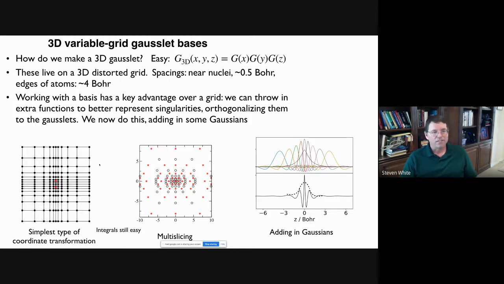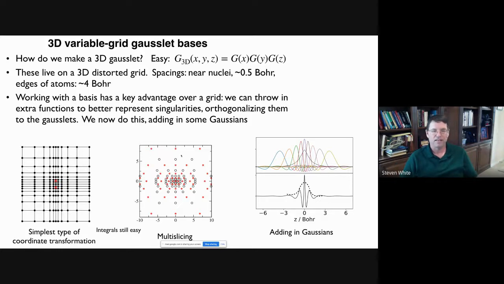Okay, so with the distortions, you can have a couple of different ways of doing this mapping to 3D. Here's the simplest type, where we just have the coordinate transformation be independent for x and y. The multi-slicing is where you have a tree of different coordinate transformations going over the different directions. For x, you would have one coordinate transformation, but then for each grid point along x, you would allow a totally different coordinate transformation.